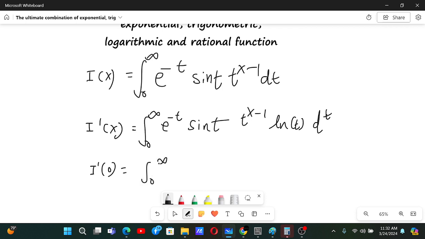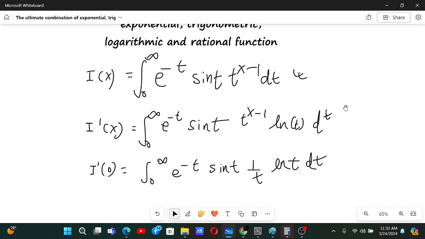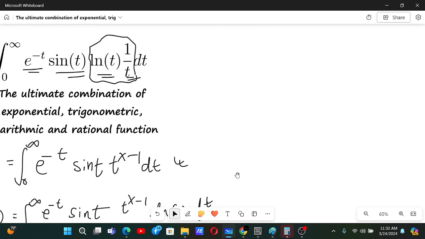Integral from 0 to infinity e to the power minus t sine of t, and then this is 1 by t ln t. So our aim will be to solve this integral and then differentiate and substitute 0. Now let's do that. Integral from 0 to infinity of e to the power minus t sine of t to the power x minus 1 dt.